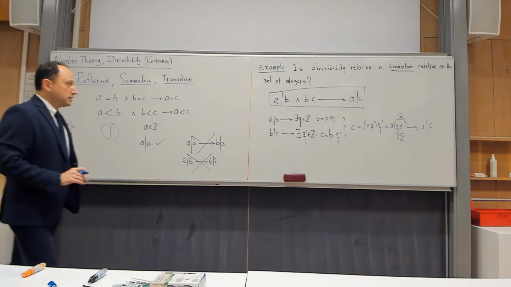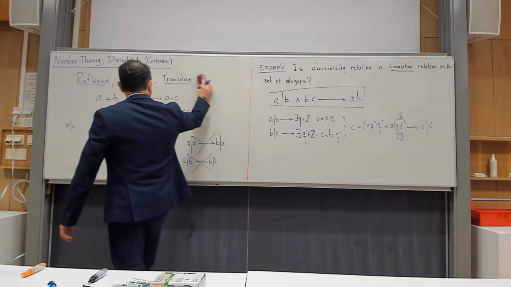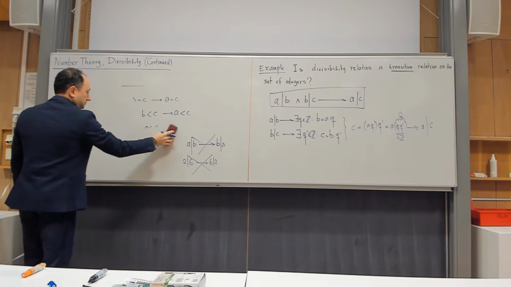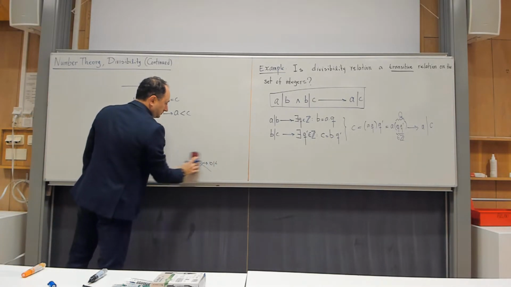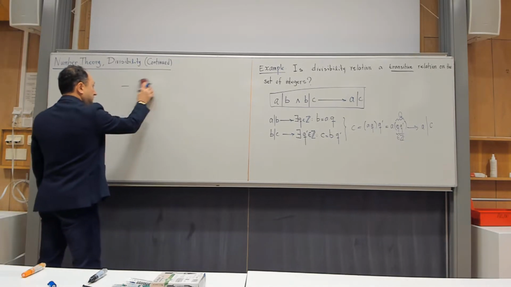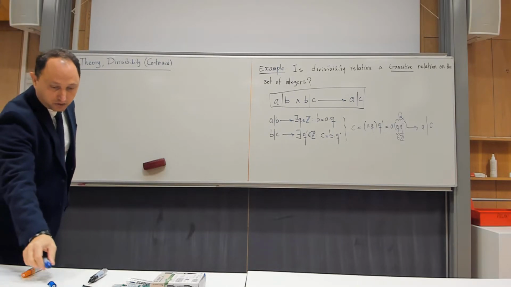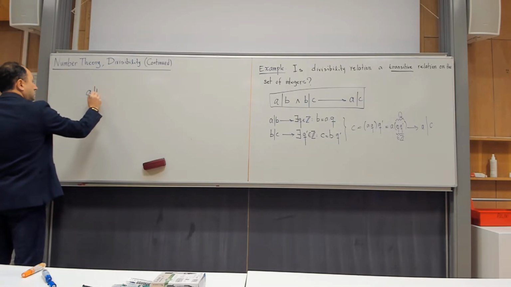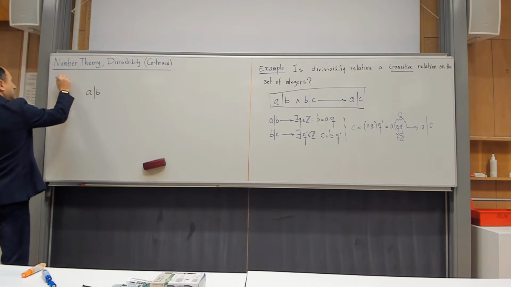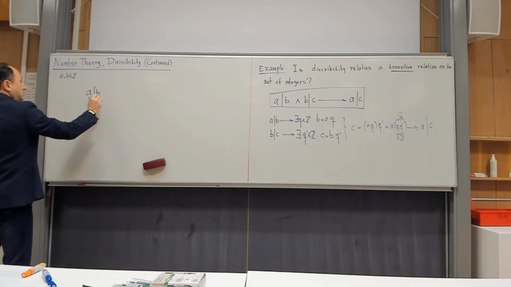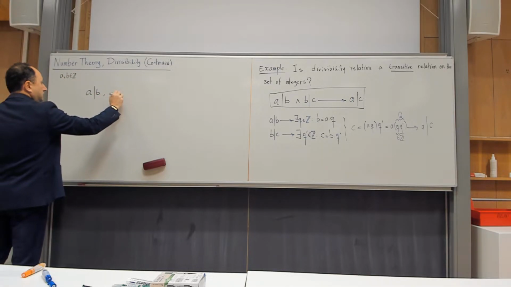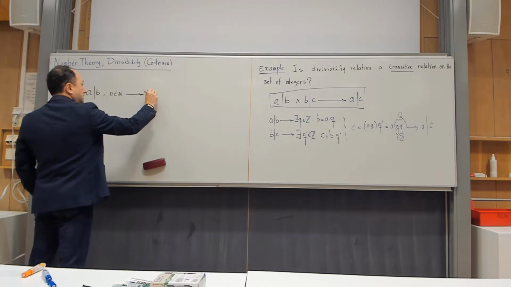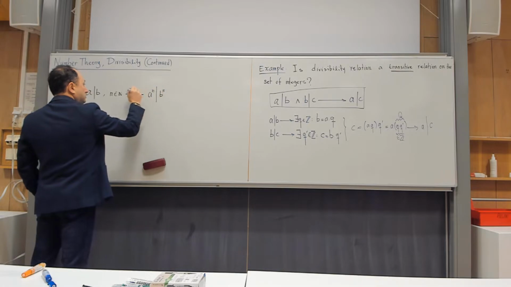Okay, so what do you think about this? If you tell me that A divides B, of course A and B are integers, and then you tell me that n is a natural number, do you think I can raise both sides to some power n and conclude that this is also true?